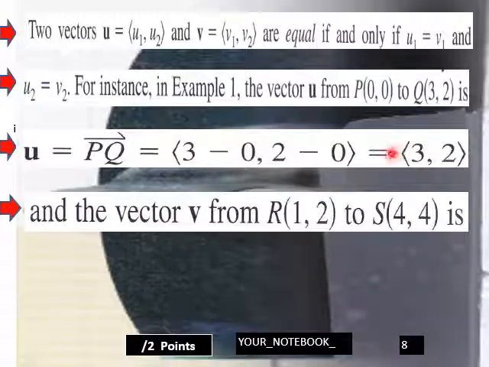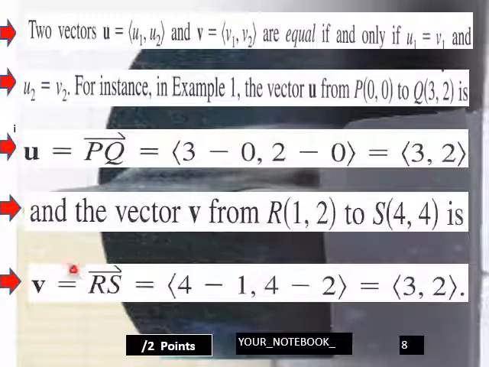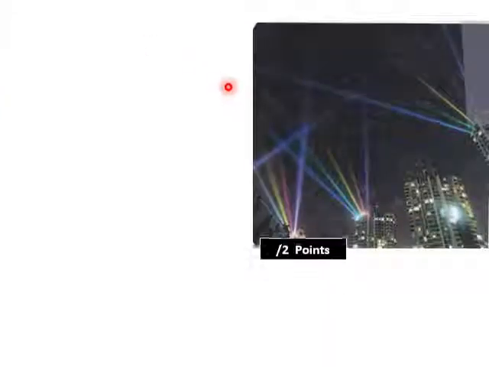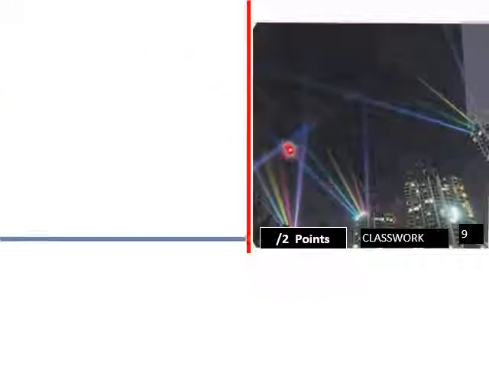And the vector v from r(1, 2) to s(4, 4) is v equals vector rs, which would equal 4 minus 1, 4 minus 2. It also has a vector value here of 3, 2. So going off into our next example here.